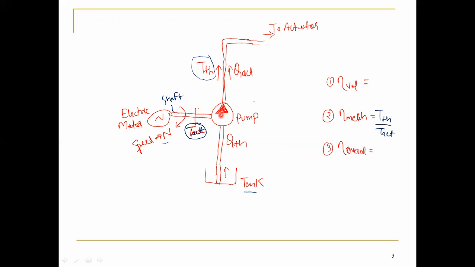We know the parameters, that is the diameter, the area of the external gear pump, and the width of the teeth. Due to that, we can find the discharge. That discharge will be nothing but Q theoretical. We have found the discharge.